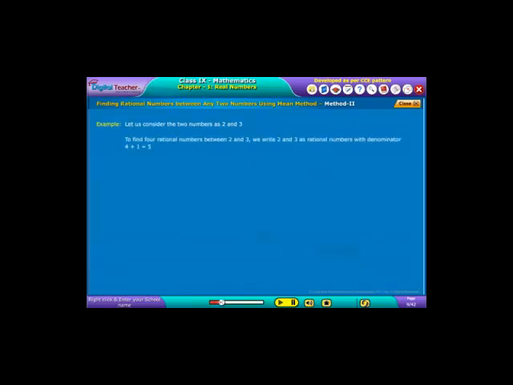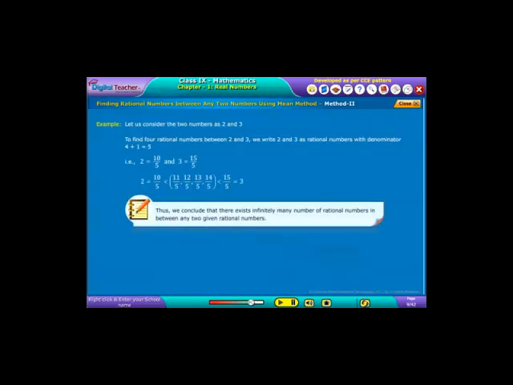Here, to find 4 rational numbers between 2 and 3, we write 2 and 3 taking denominator as 4 plus 1 is equal to 5. That is, 2 equal to 10 by 5 and 3 equal to 15 by 5, which is further expressed as shown on screen. Note: thus, we conclude that there exists infinitely many rational numbers in between any two given rational numbers.